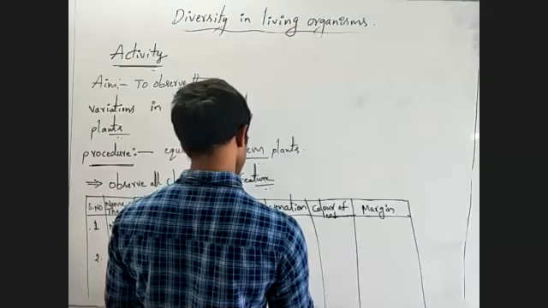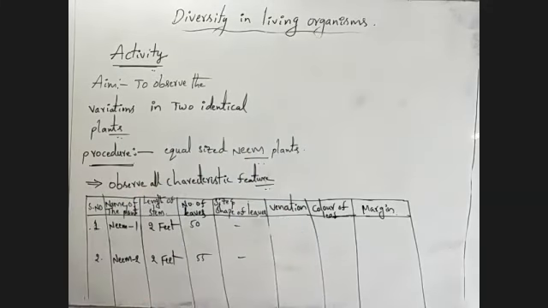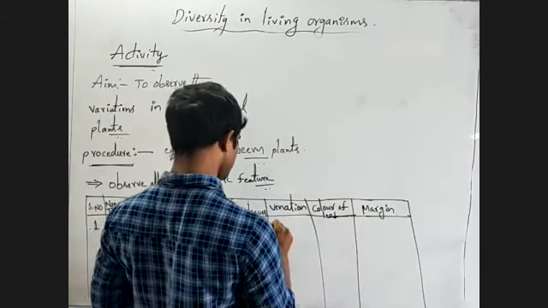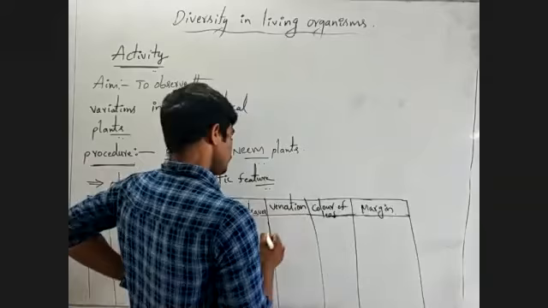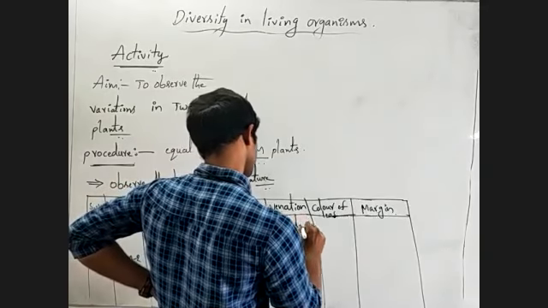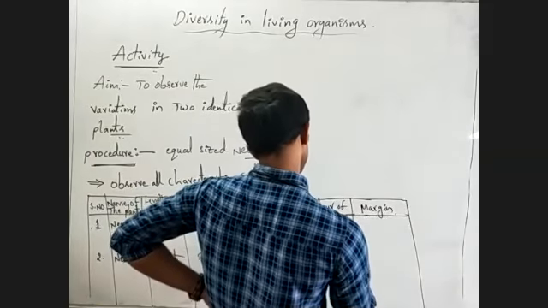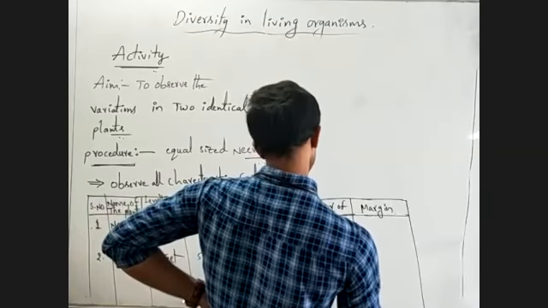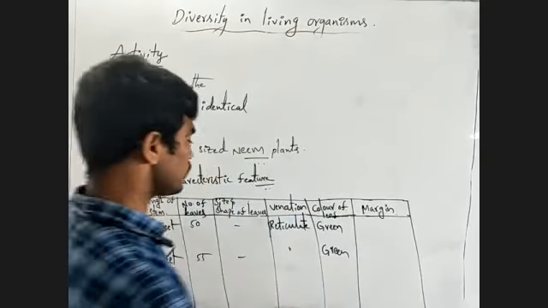Variation. Neem plants are dicots. That is why the venation is reticulate. Color of the leaf, green color. Here also same. Here also reticulate.